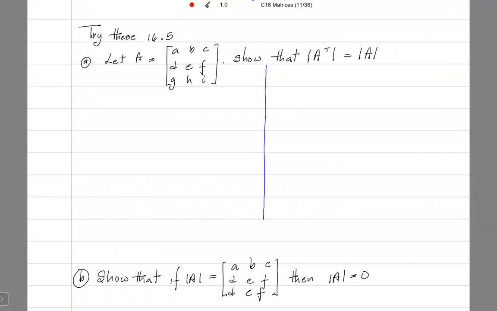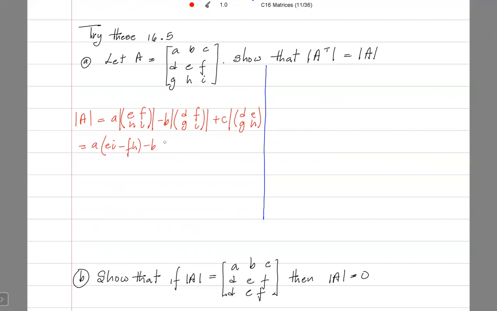So let's start out by finding the determinant of A. Now, the determinant of A would be equal to A times the determinant of E, F, H, I, minus B times the determinant of D, F, G, I, plus C times the determinant of D, E, G, H. This is A into EI minus FH, minus B, the determinant DI minus FG, plus C, the determinant DH minus EG.